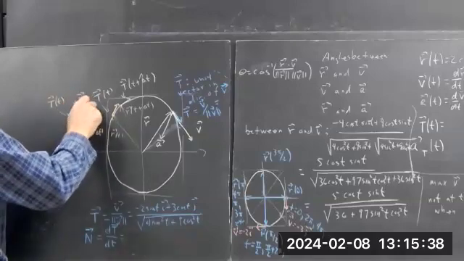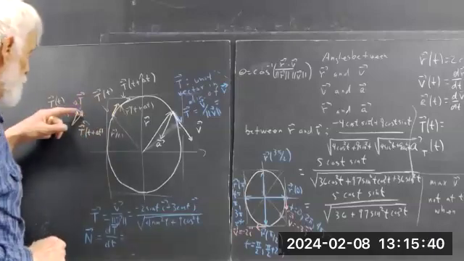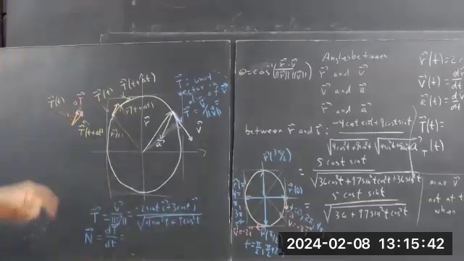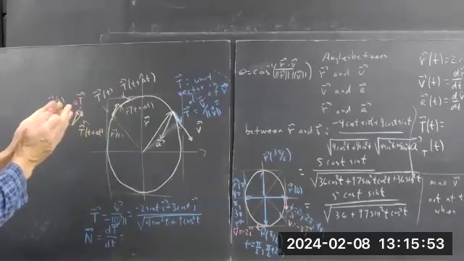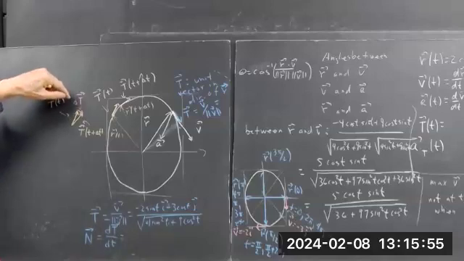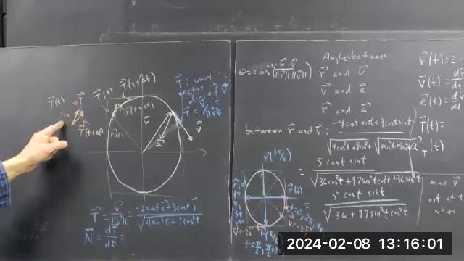The change in your unit tangent vector is this. And I claim that in the limit as little delta t approaches zero, as these things get closer and closer together, your change in T is going to be perpendicular to T.